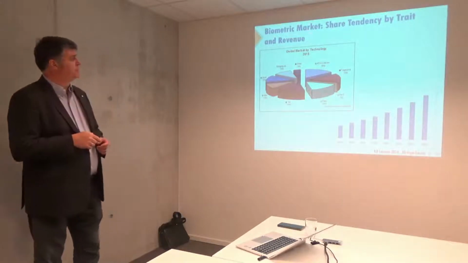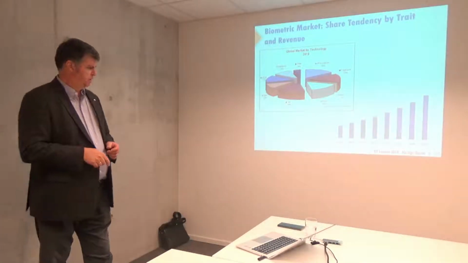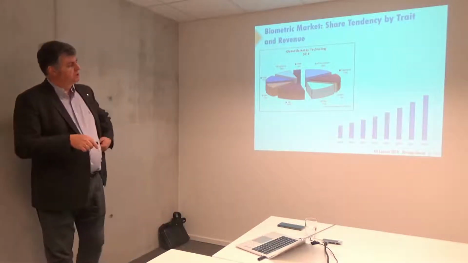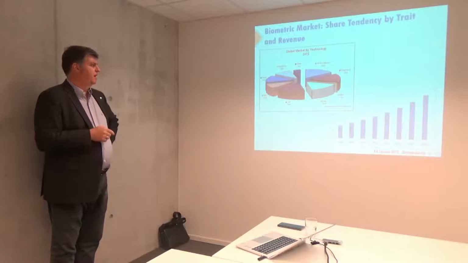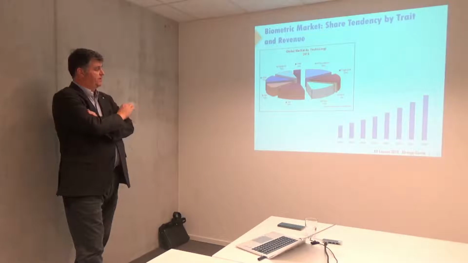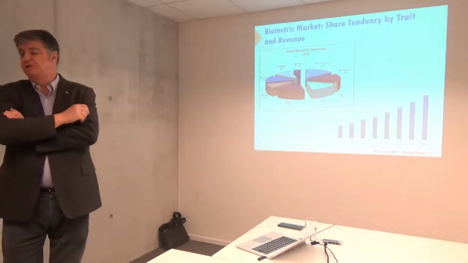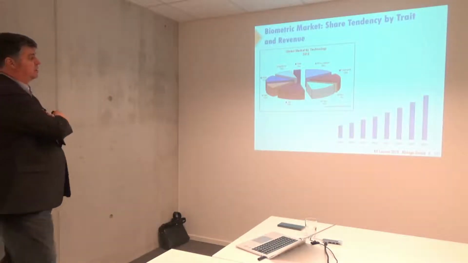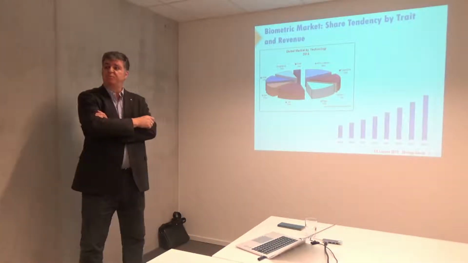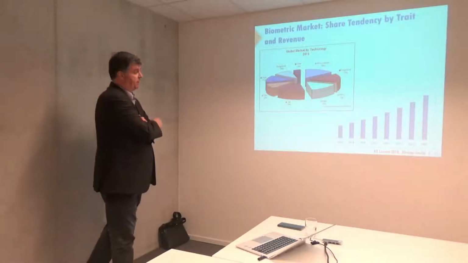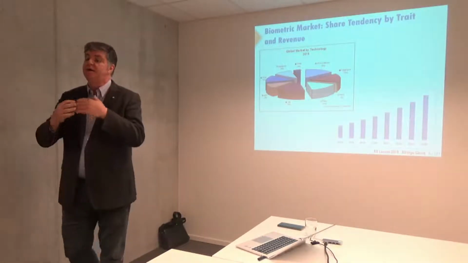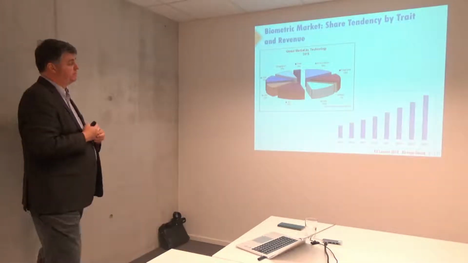This is the biometric market from 2013 to 2020. You see the growth is very high, and more or less this is how the use of different traits was in the market in 2015. Now, fingerprint and AFIS. AFIS is also fingerprint devices. It's very, very important, but it is becoming less and less important from a relative point of view.